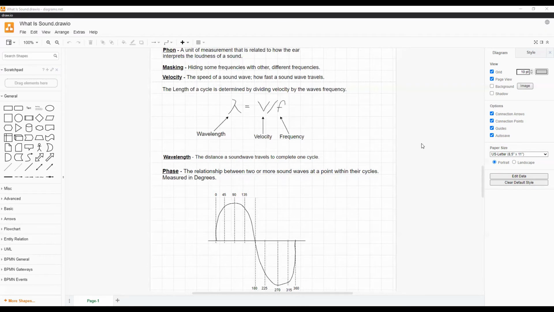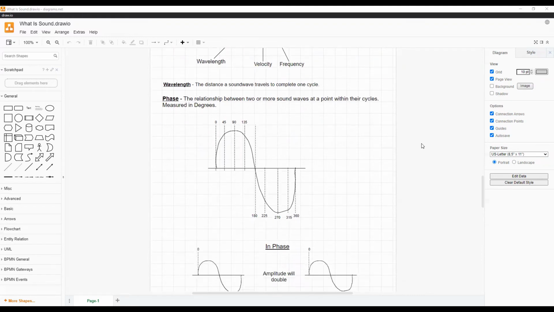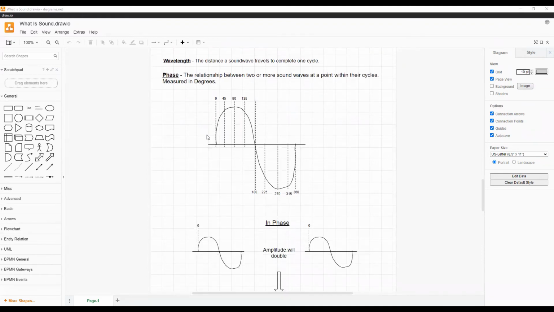Finally, we can talk about phase. Phase is the relationship between two or more sound waves at a point within their cycles, which is measured in degrees. So here we have a sound wave, one cycle of a sound wave. The sound wave starts at 0 degrees, then rises to 45 degrees, then peaks at 90 degrees. This is compression.